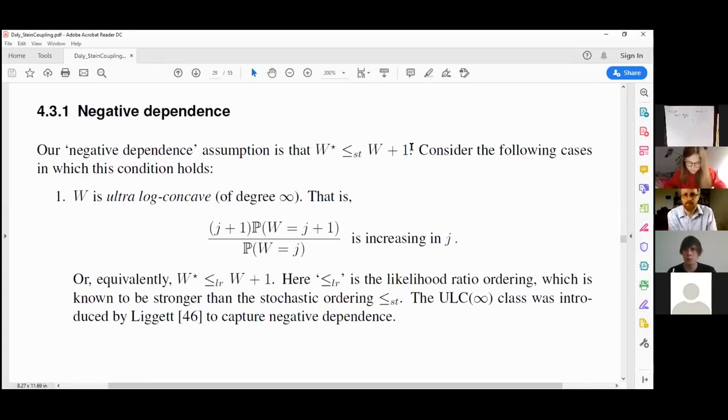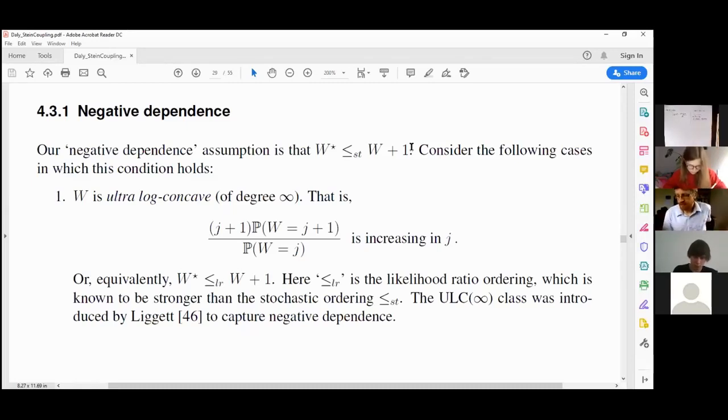So by negative dependence, what do I mean? Typically I'll think about the case where W is a sum of dependent Bernoulli random variables. Think of that as the general example that we'll be working with.